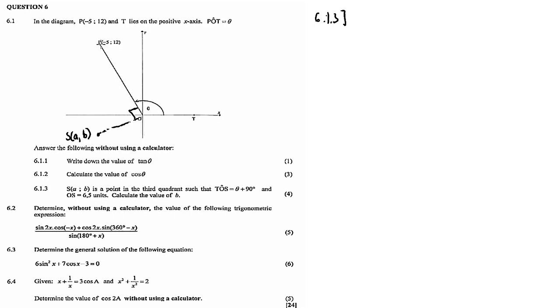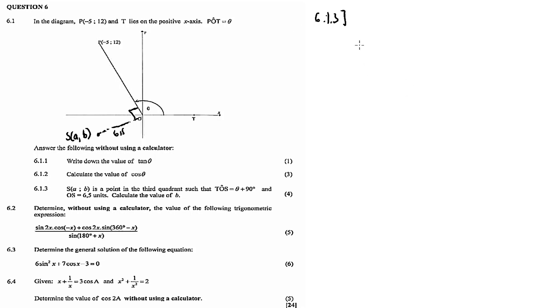So in other words, it's like I take this point P and rotate it by 90 degrees. So we want to know the value for B. OS is 6.5. We need to calculate the value of B.